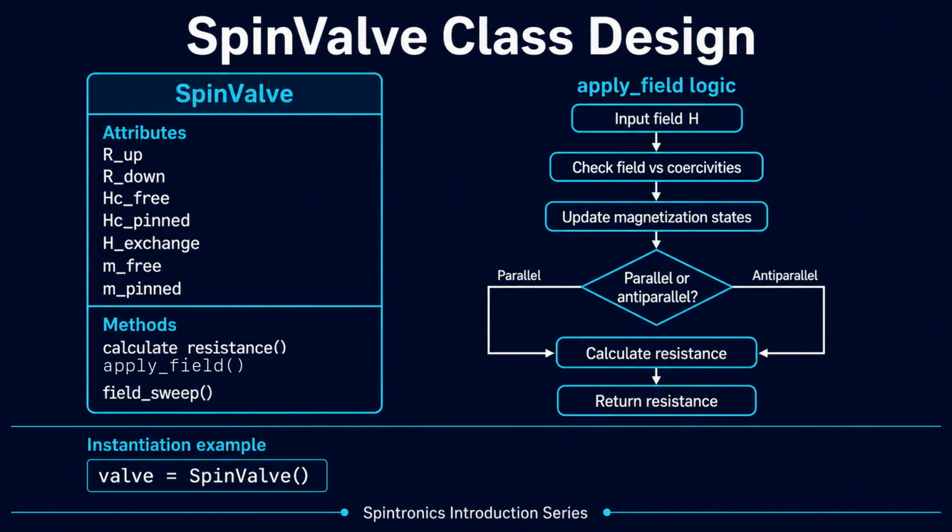The calculate resistance method computes resistance based on whether magnetizations are parallel or anti-parallel. The apply field method updates magnetization states by comparing the field to coercive thresholds. And the field sweep method simulates a complete hysteresis measurement.